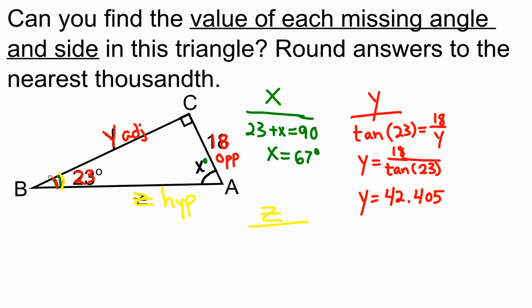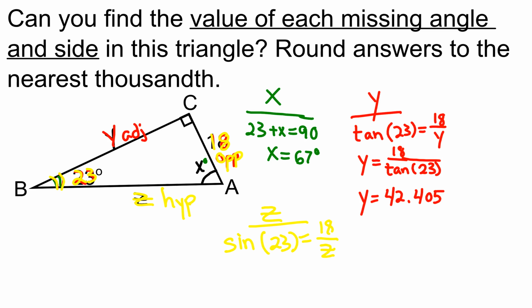So if we're looking at our angle 23, and we're looking at this 18, the two pieces they gave us, that opposite side, we have 18 opposite z hypotenuse, and we know that opposite over hypotenuse is going to be the sine function. So our equation should be the sine of 23 is equal to the opposite over the hypotenuse.